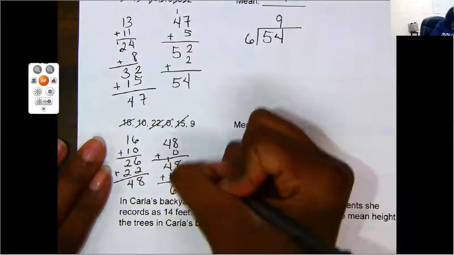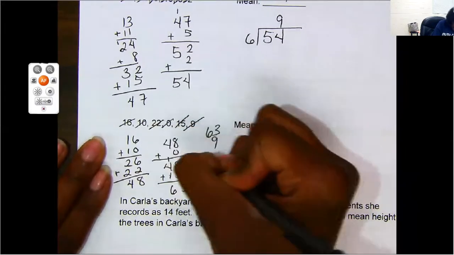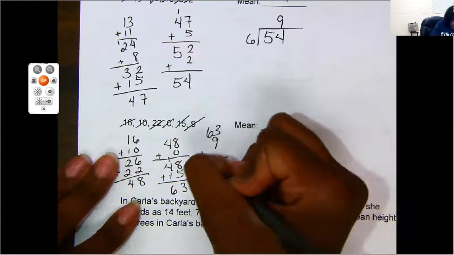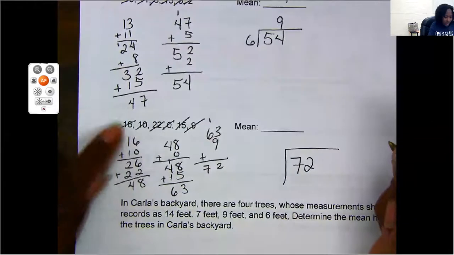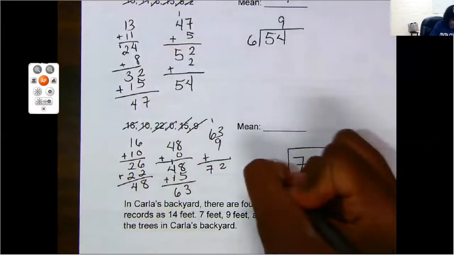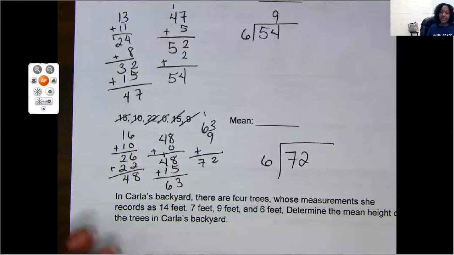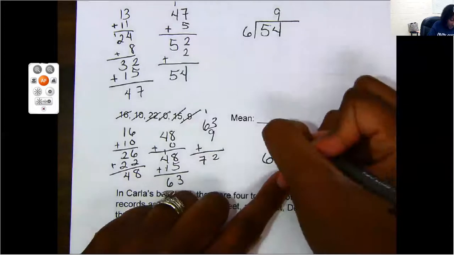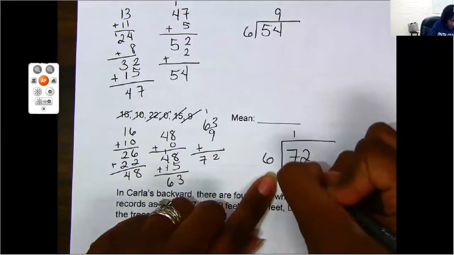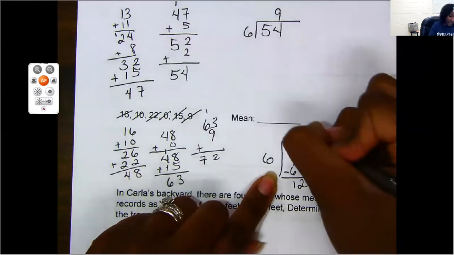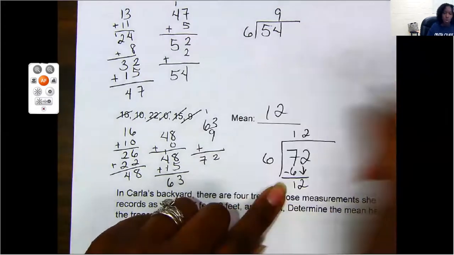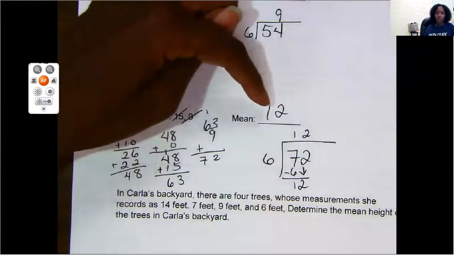And then add 9 to that, which is 72. So 72 is our total, and we counted that we had 6 pieces of data. So we're going to divide that by 6. 6 will go into 7 one time. 6 will go into 12 2 times. So our average or our mean is 12.